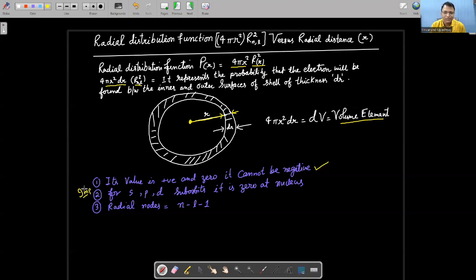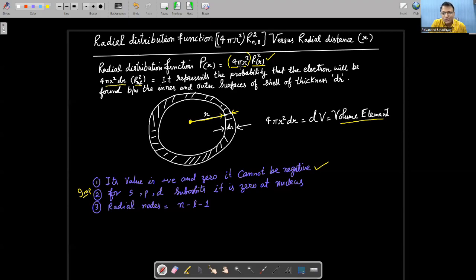So for s orbital, the value of psi square is maximum at the nucleus. But near the nucleus, the value of this 4 pi r square term is 0, or very small. So we can say that the multiplication of these two will be very small.